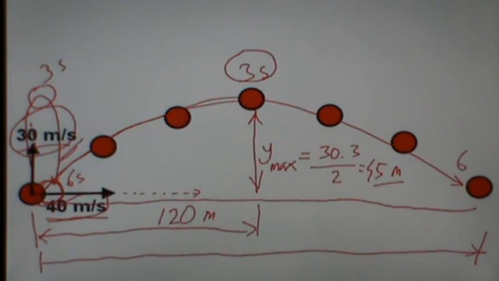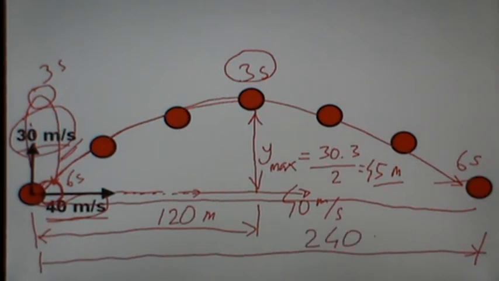It will be 6 seconds. And as you know already that in the horizontal direction the ball moves with a constant velocity 40 meters per second. So after 6 seconds the distance traveled by the ball will be 240 meters.